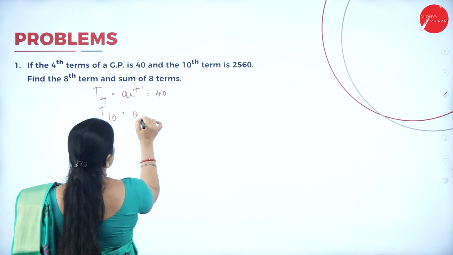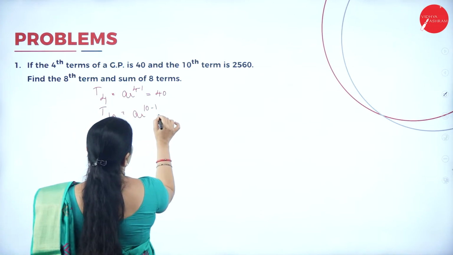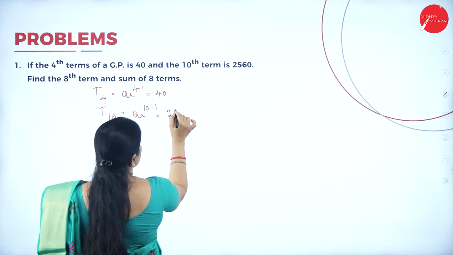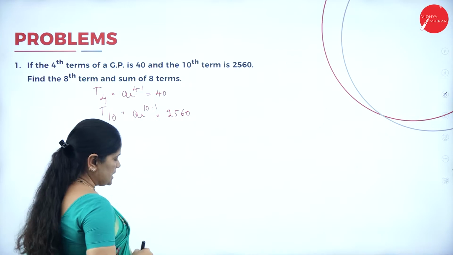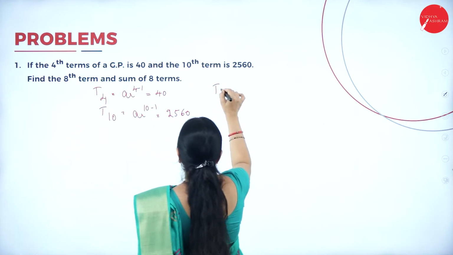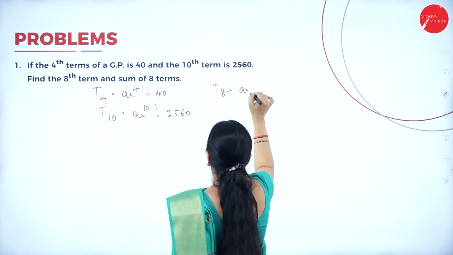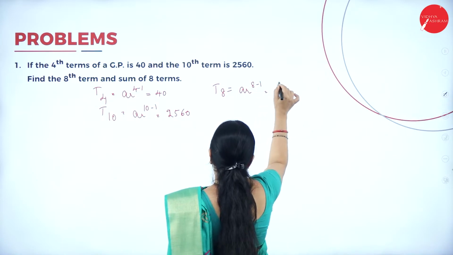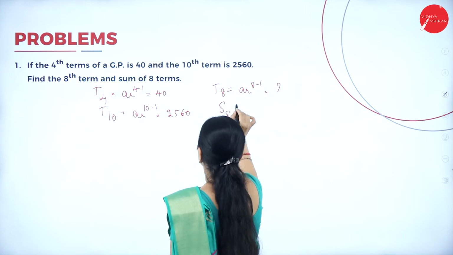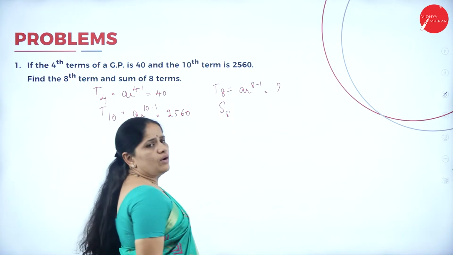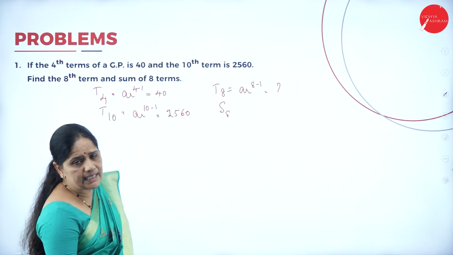T10 equals ar to the power 10 minus 1, which is 2560. So they have asked us to find T8, that is ar to the power of 8 minus 1, and the sum of the 8 terms.